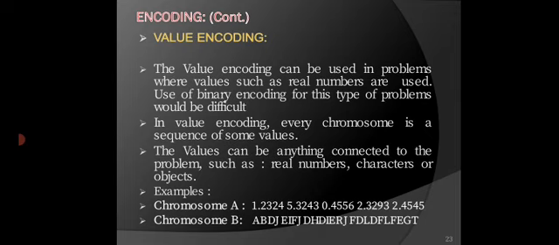The values can be anything connected to the problem, such as real numbers or characters or objects. Say, for example, chromosome A: the problems are encoded in terms of values, say 1.2324, 5.3243, like that. Chromosome B can be represented as characters, say ABDZ, EIFJ, like that. This is value encoding.